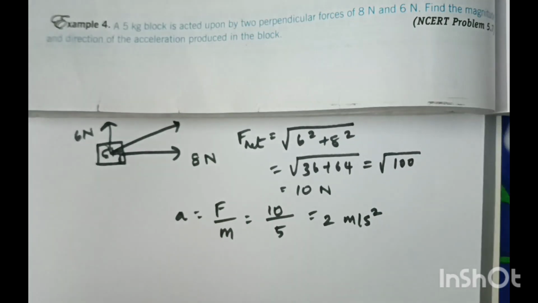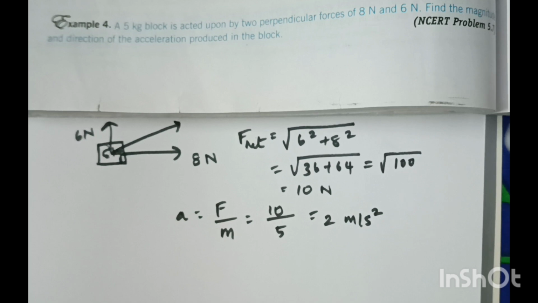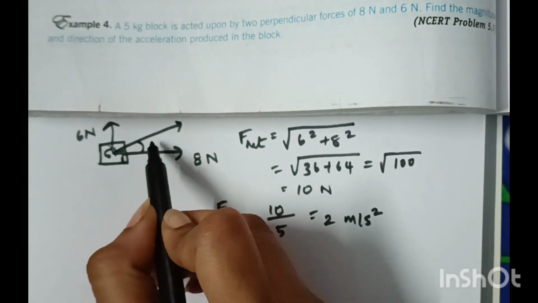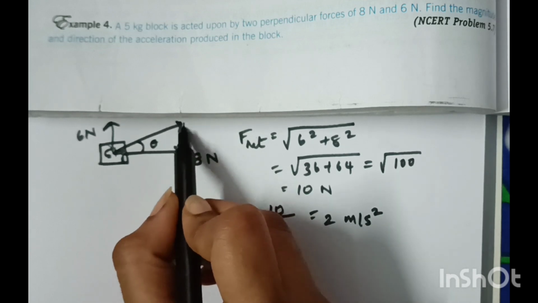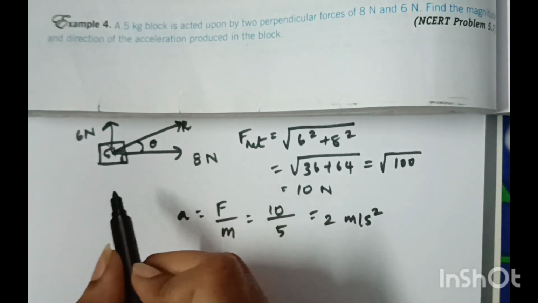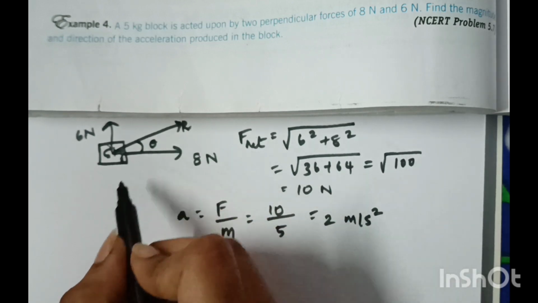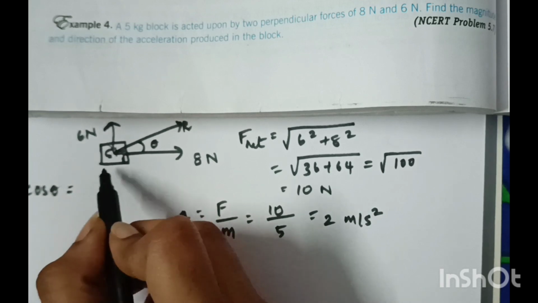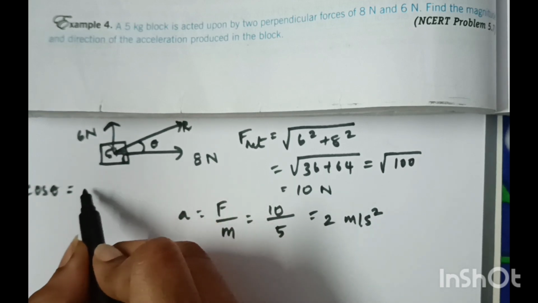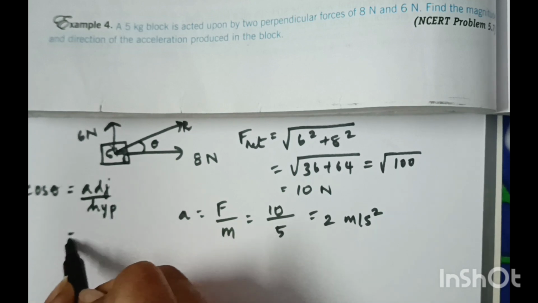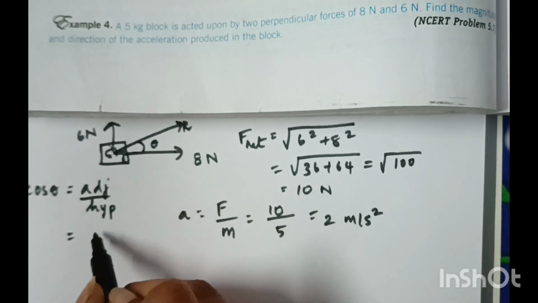So they are also asking the direction of acceleration. So let us find the direction of acceleration. Suppose this 8 Newton is making angle theta with the resultant force, this is the resultant force, then we can use cos theta. Cos theta equals adjacent by hypotenuse. What is the adjacent here? It is 8.